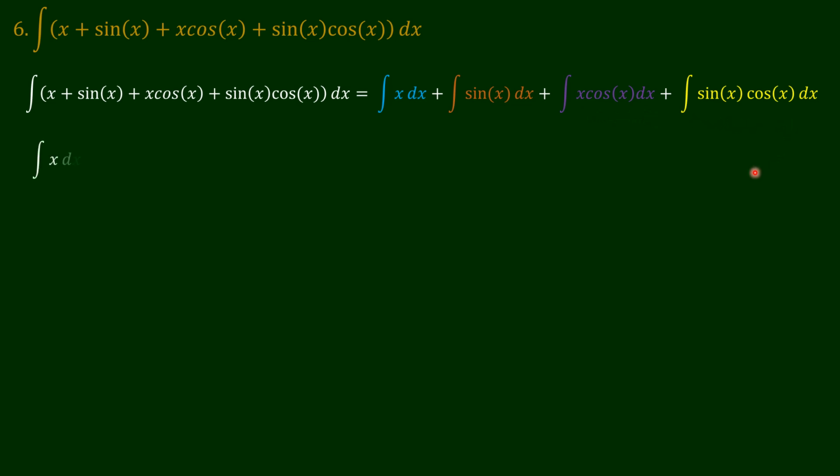So the integral of x is x squared over 2 plus a constant. The integral of sine x is negative cosine x plus a constant.